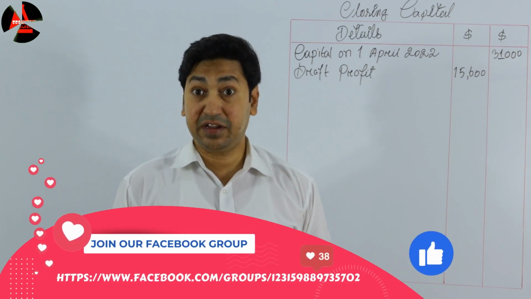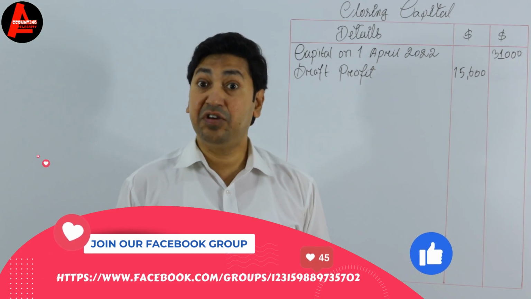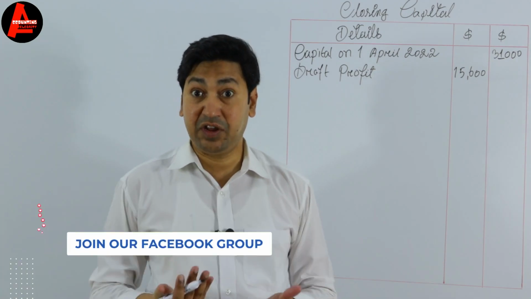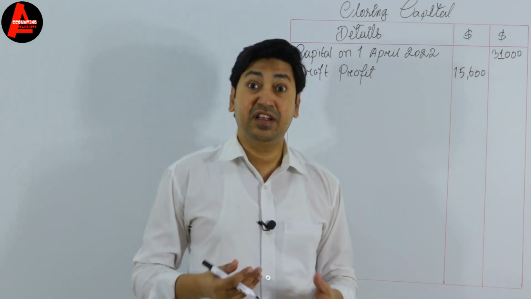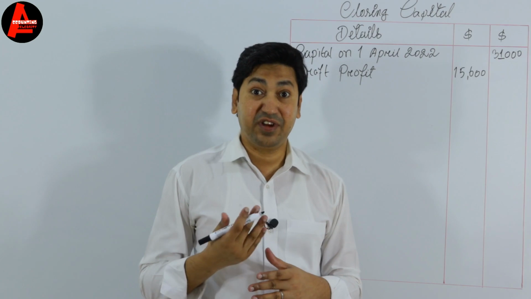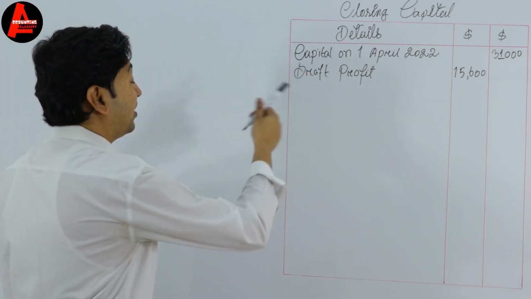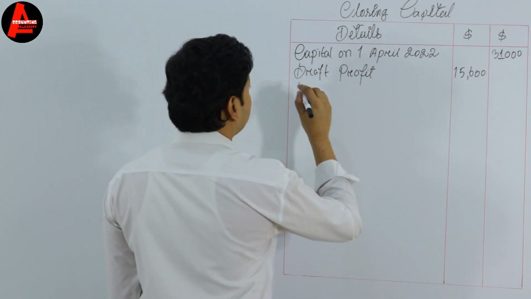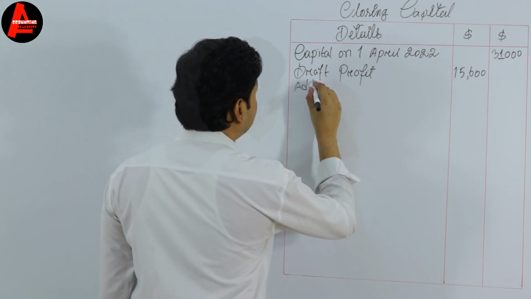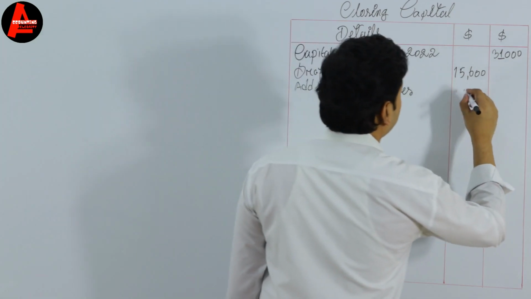Sales debited means revenue decreased, but actually revenue should have increased. Sales is a revenue. When revenue increases, the profit for the year will also increase, right? Very simple. So we will add this sales invoice with this draft profit. Let us write here add sales invoice, $210.